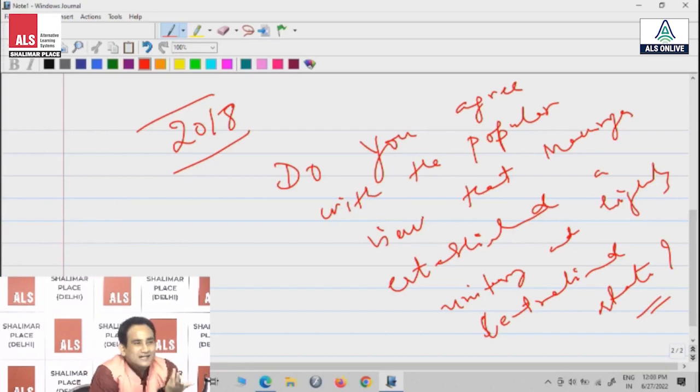Do you know Romila Thapar's view? Do you know Fussman's view? Do you know R.P. Tripathi's view? I hope you are getting it. So in history optional, what will we be doing? We will be adding historians' views. If you don't have a background of history, you will never understand which view is more relevant.